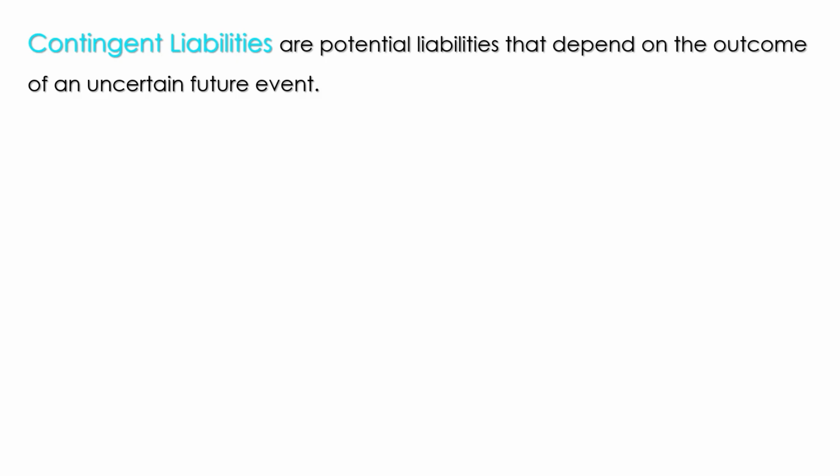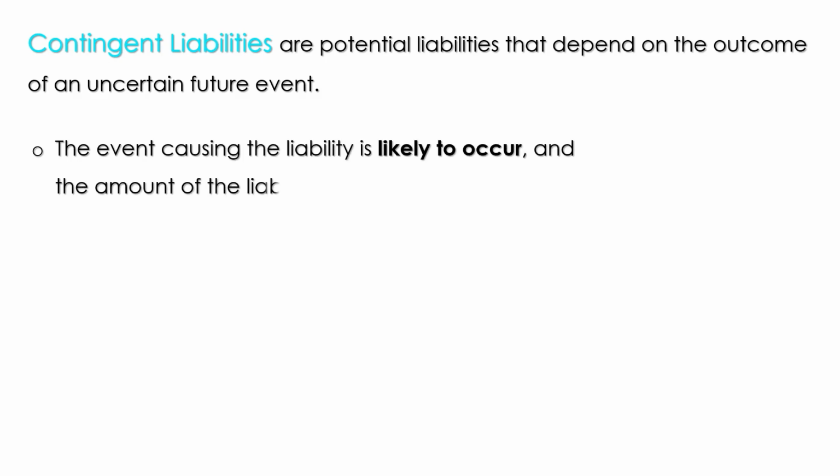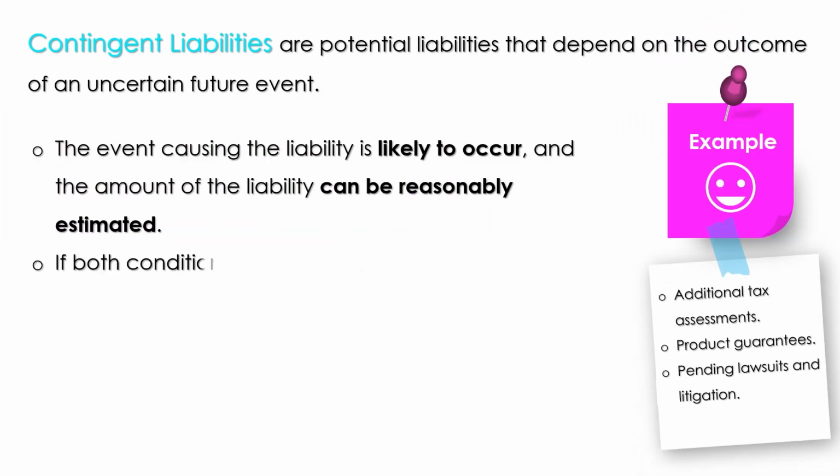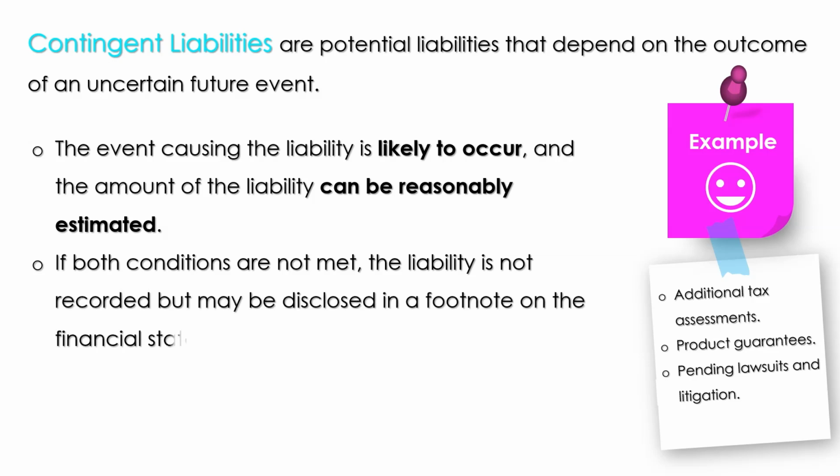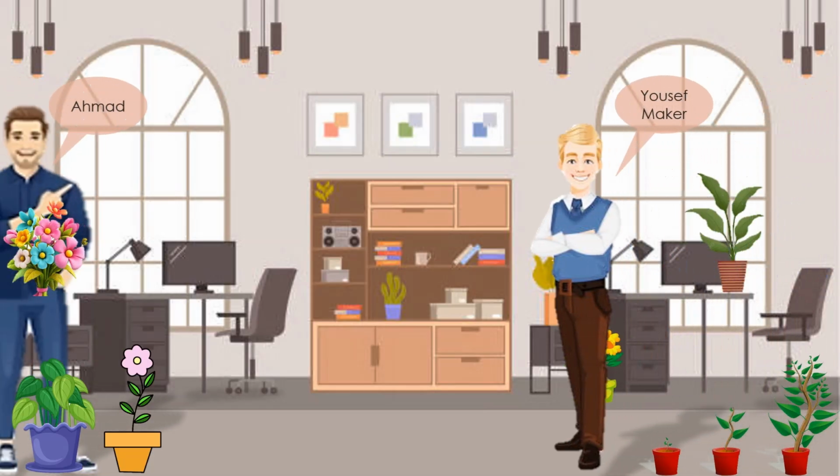They are recorded in the financial statements if two conditions are met. The event causing the liability is likely to occur and the amount of the liability can be reasonably estimated. If both conditions are not met, the liability is not recorded but may be disclosed in a footnote on the financial statement. Let's look at this example.